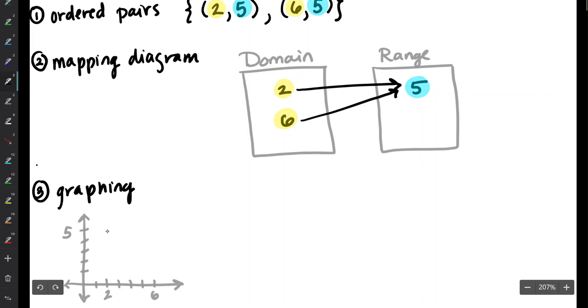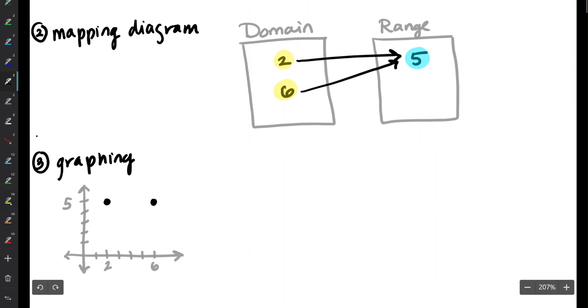All right. So I could just show the reader those two ordered pairs. It's showing me that 2 is going to 5. It's showing me that 6 is also going to 5. That one's not terribly interesting, but we can also have, just to review, a function that was continuous.